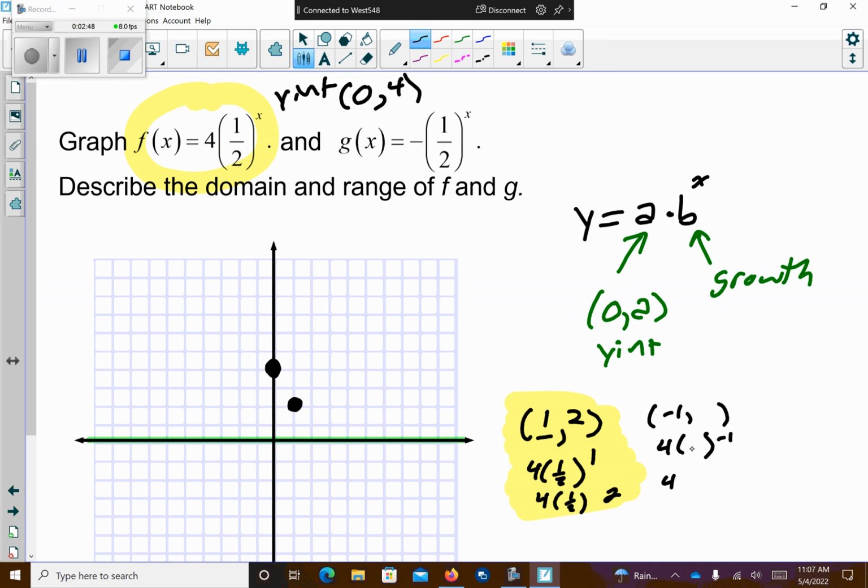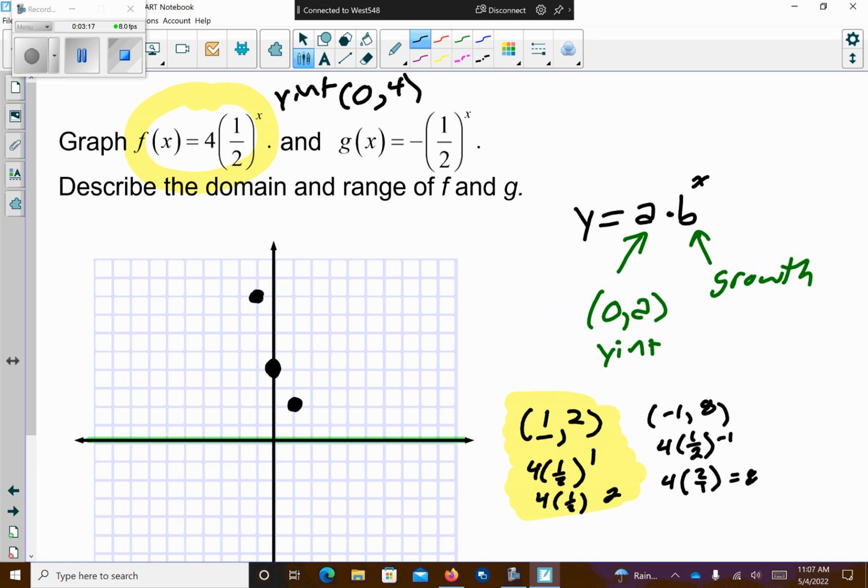Last chapter, anybody? And it's not negative. What does that negative exponent do to the fraction? Flips it. So I get 2 over 1. 2 over 1 is the same thing as 2. 2 times 4 is 8. So this gives me the point -1, 8.